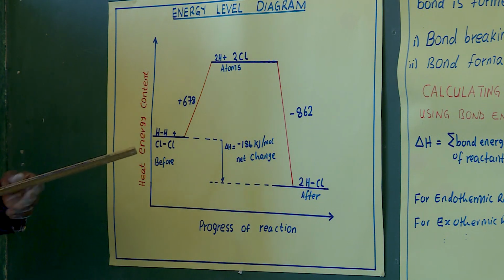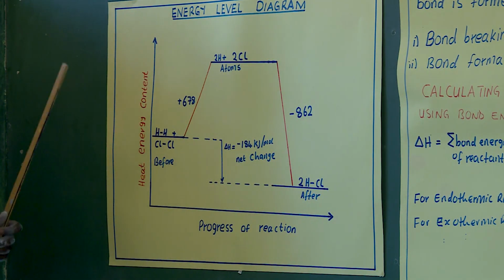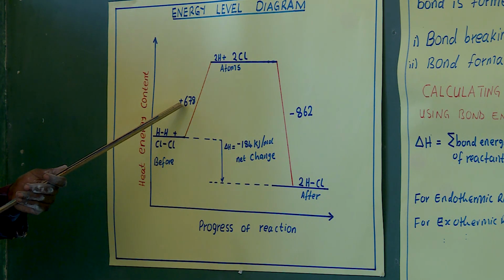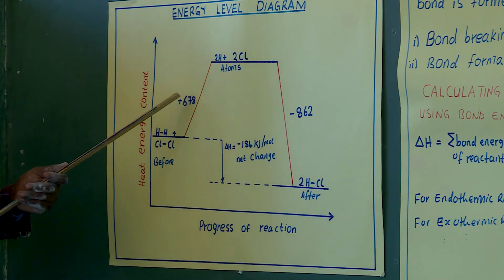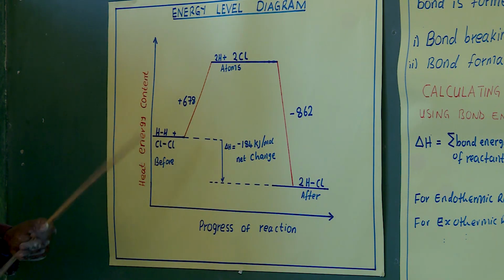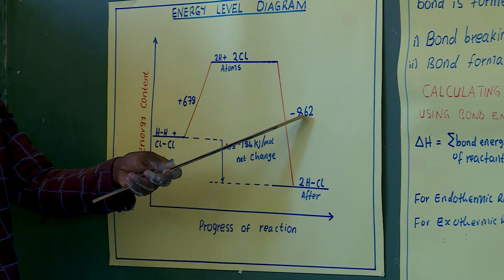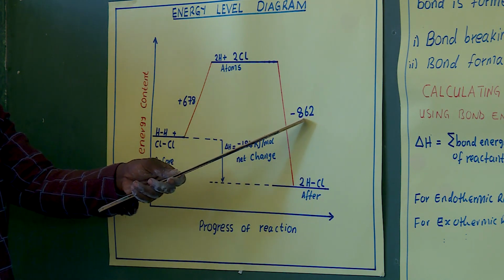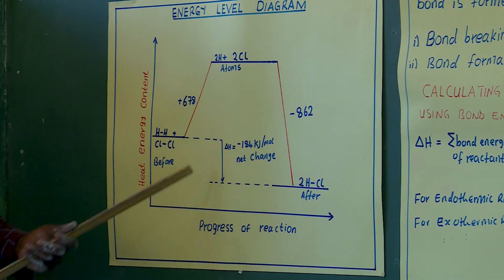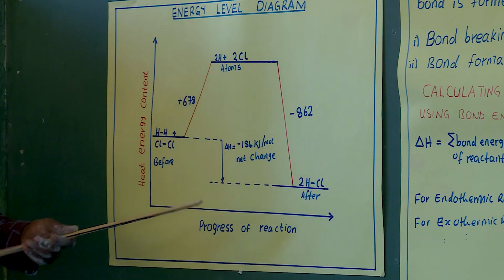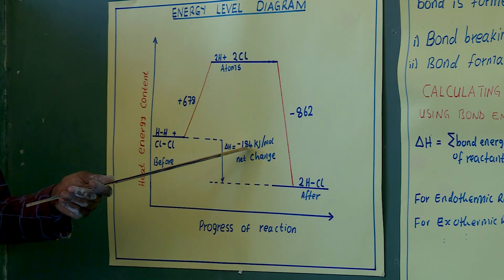The energy we take in to break these 2 bonds, we found to be positive 678. This is the total bond energy, the amount of energy that we used to break these 2 bonds. Then, from this, we have taken away 862. Therefore, the net change in the energy is negative 184.